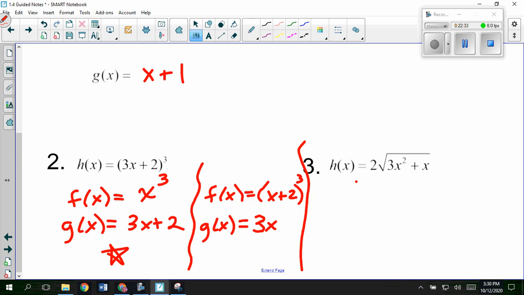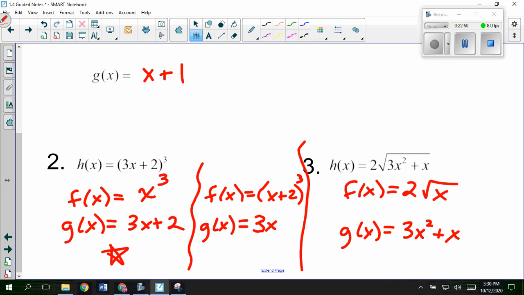So this one, f of x equaling g of x. Again, once I'm looking for a gut piece, I'm going to go with that 3x squared plus x. And then if I take that out and just leave an x behind, then my f of x function is 2 square root of x.